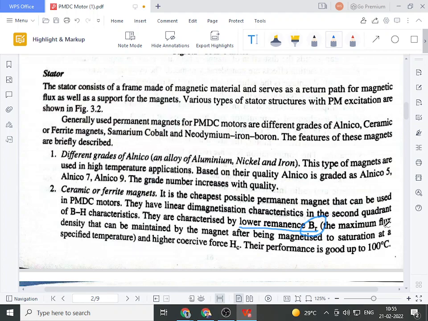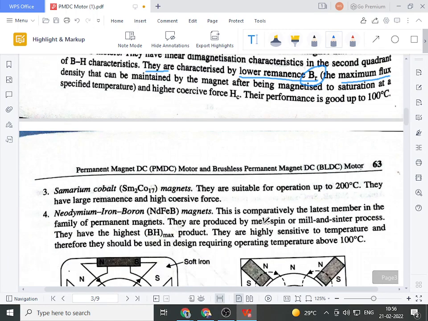These ceramic magnets are generally characterized by lower remanence. The performance of this ceramic magnet is good up to 100 degrees Celsius, so we can use this material for applications where the motor is subjected to 100 degrees Celsius.